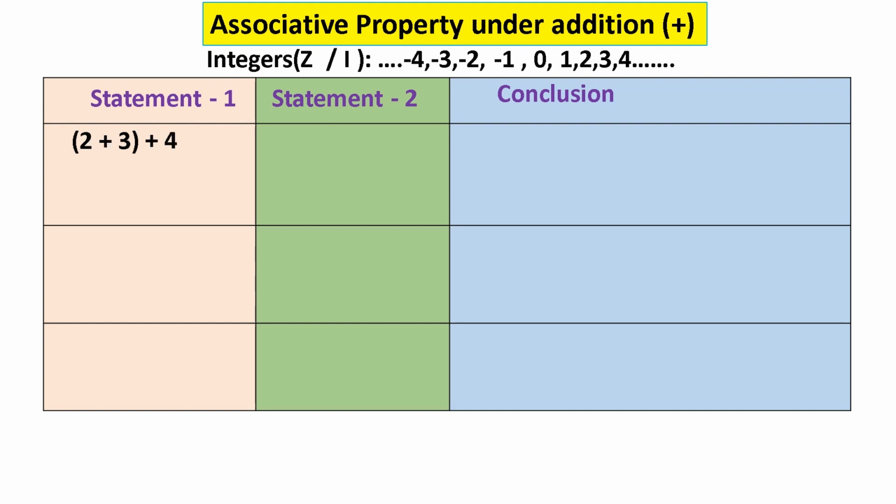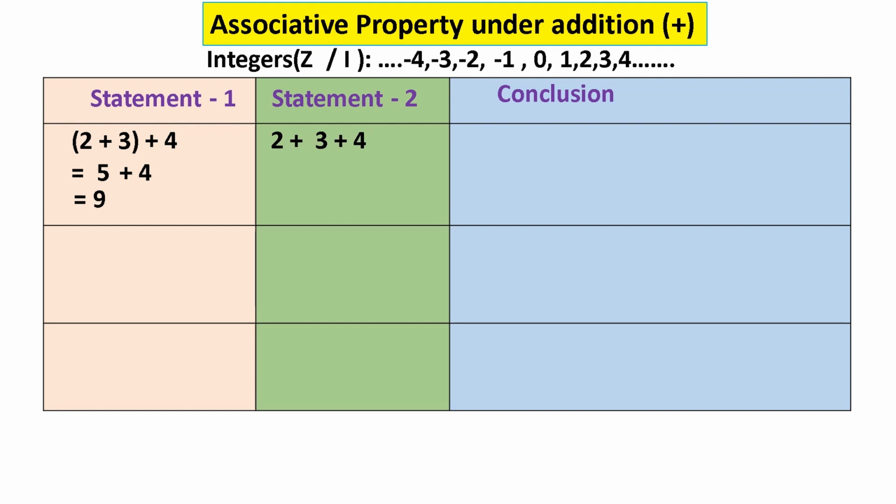Now in this, first 2 integers are added, and after that we add the 4. Now 2 plus 3 is 5, plus 4. 5 plus 4 is 9. And in statement 2, we take the same 3 integers, 2, 3 and 4.